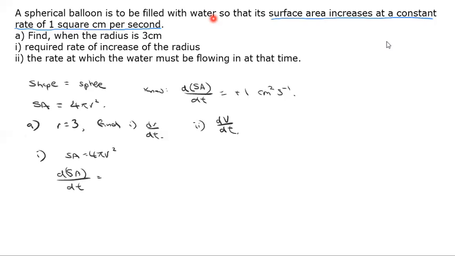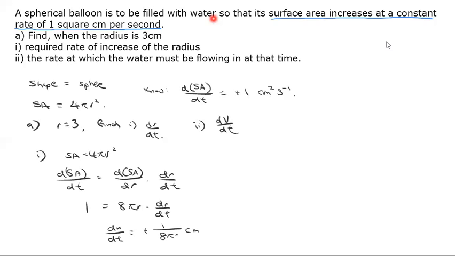So that means it's equivalent to finding dSA dr times dr dt. Now, dSA dr is just deriving surface area with respect to r, which is going to be 8 pi r times dr dt. But this is equal to 1. So dr dt must equal positive 1 over 8 pi r centimeters per second.